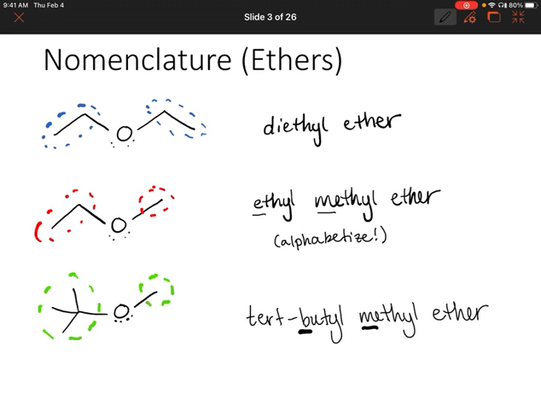Okay, so notice that if the alkyl groups are different, we list each of those groups, but if the groups are the same, then we put, for instance, di in front of the group.